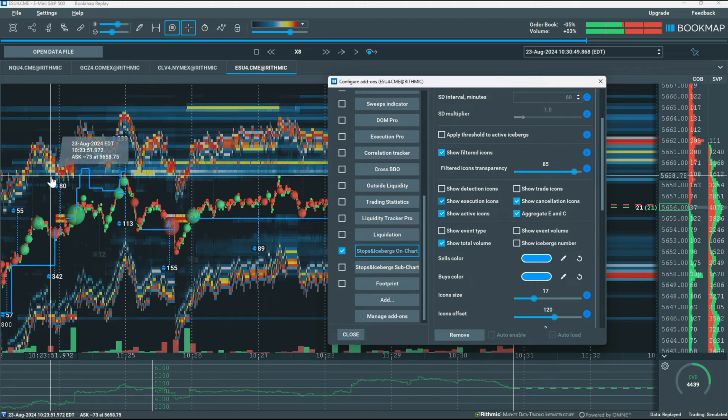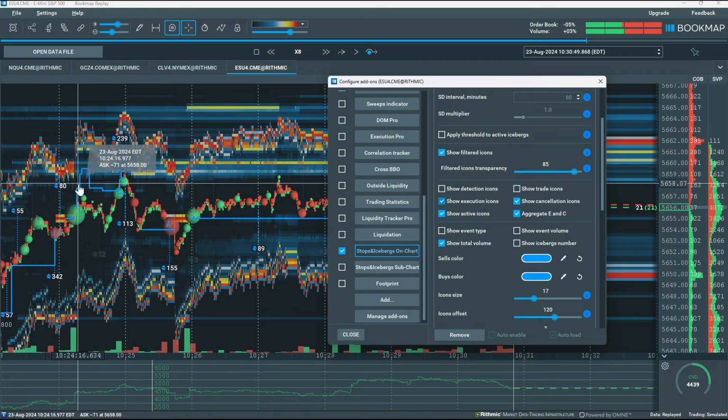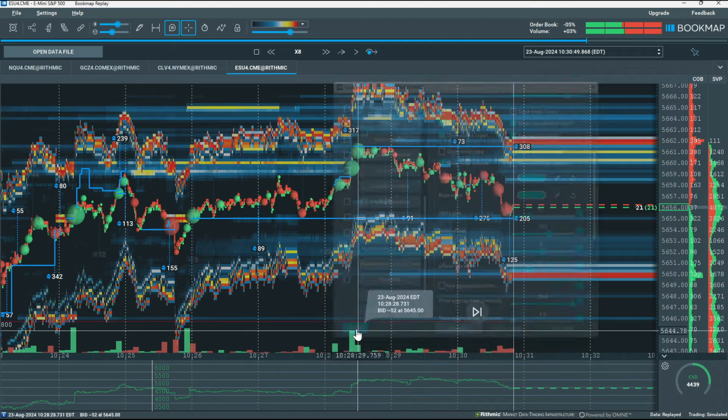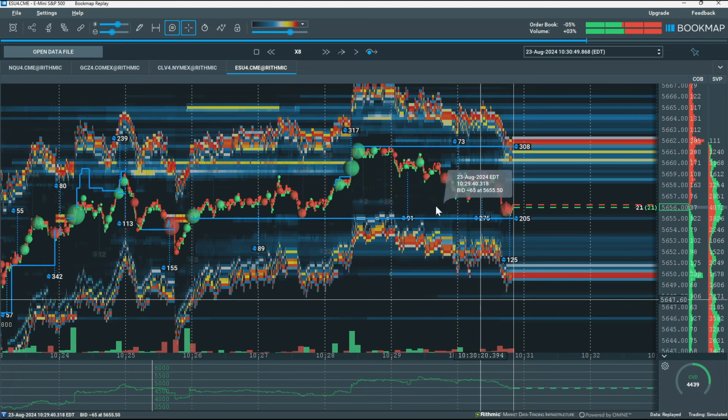You can make this sell wall, so the top iceberg, you can make that red if you want to remember that that's where the sellers are. And the bottom one, for buy colors, you can make that green so you know that that's where the buying icebergs are. You change icon size, icon offset. Bookmap loves to give us a ton of different ways we could change our tools and indicators. And that's probably one of the best parts of Bookmap.